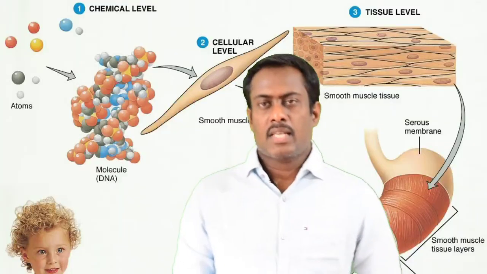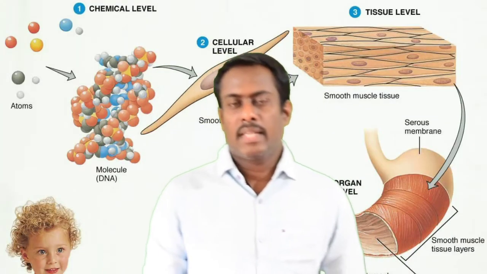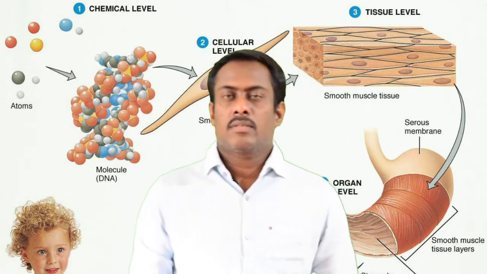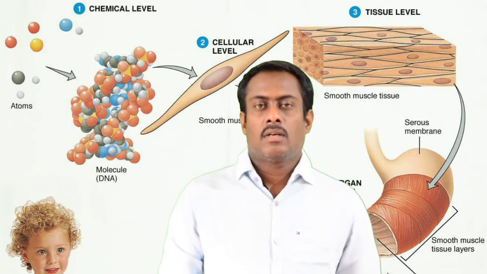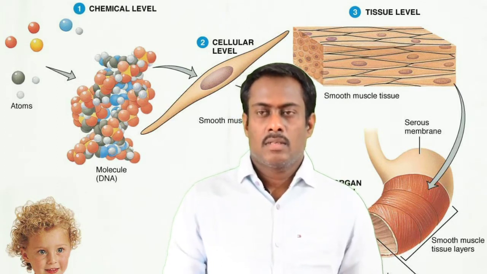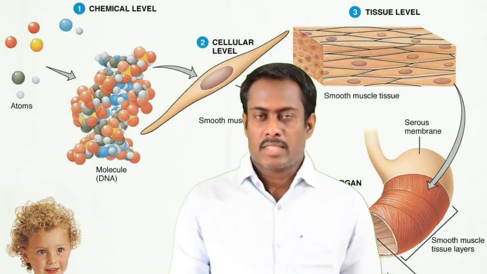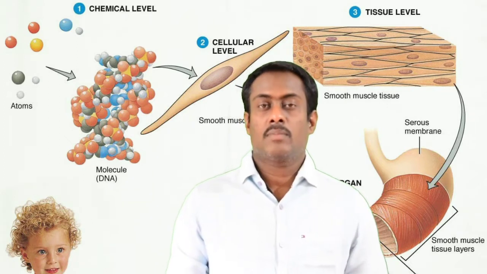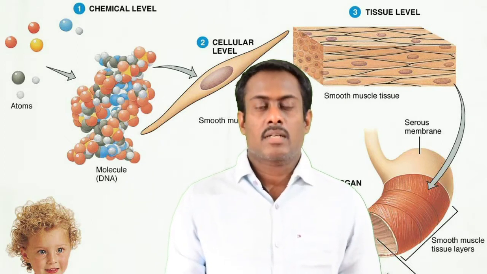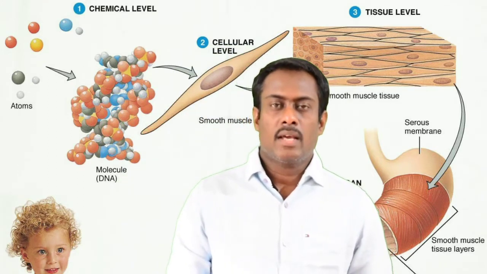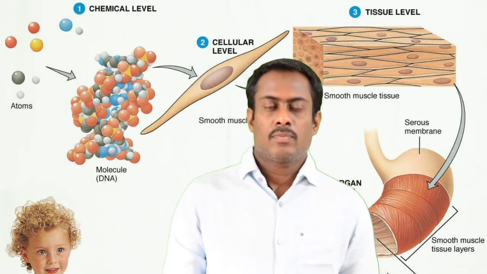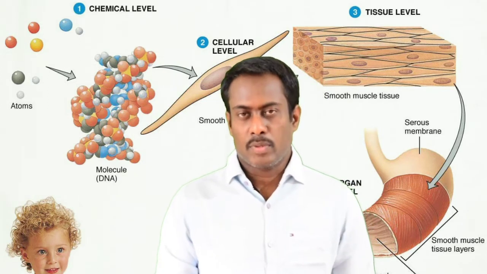In previous classes, we have already learned that living organisms are well organized and they have cells, and cells combine to form tissues, tissues combine to form organs, organs combine to form organ systems, and so on. So they are well organized for the proper functioning of the body.